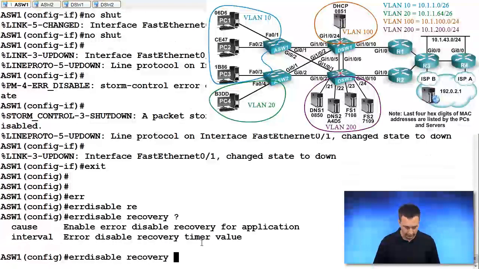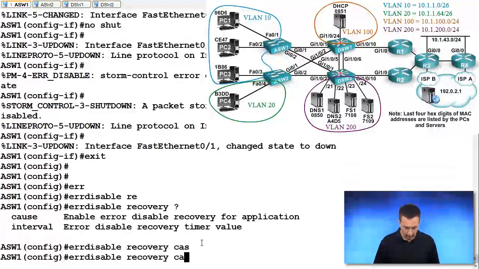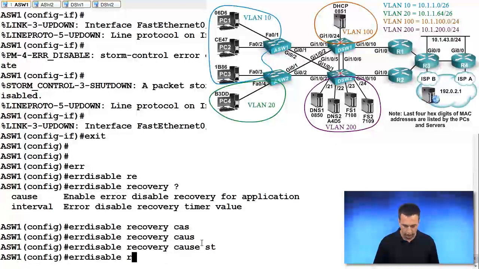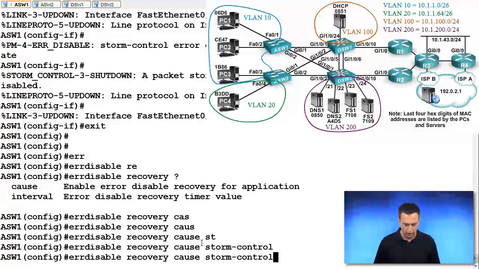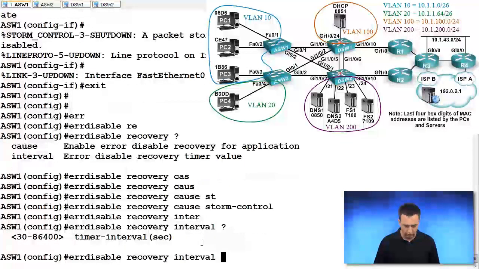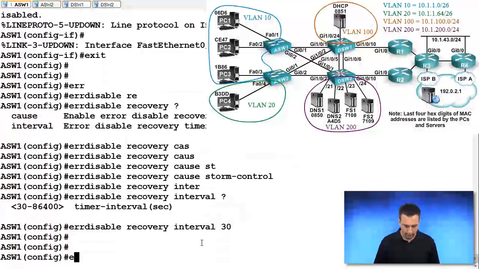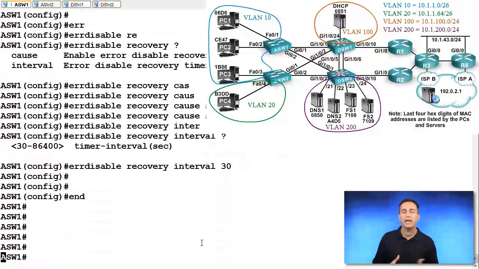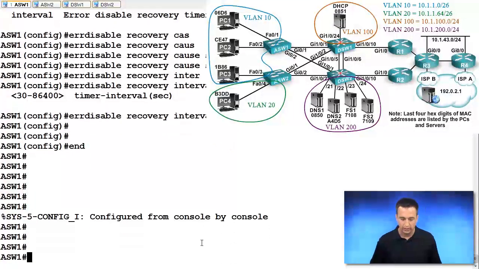So if we use the errdisable recovery mechanism instead, it'd be errdisable recovery. And in this case, the cause would be storm control. And let's change the interval of errdisable recovery to, I think 30 is the lowest, 30 seconds. So if we just wait here 30 seconds, we'll see that the errdisable recovery mechanism tries to come out of the error disabled state. And if it still detects the storm, it's going to put it back in the error disabled state. If not, it's going to leave it up and operational.